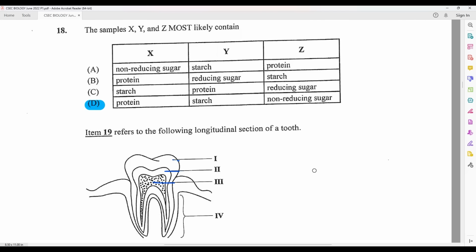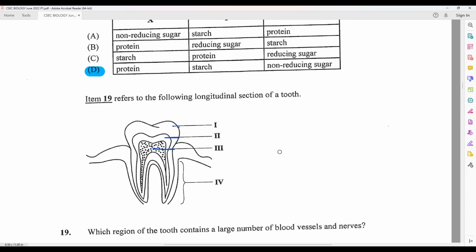Item 19 refers to the following longitudinal section of a tooth. And I hope persons are aware that we have now progressed into the nutritional aspect of the topic, nutrition, for section B of the syllabus. Section B follows cells, nutrition, respiration, and the other topics, so we are in the second topic of section B of the biology syllabus.